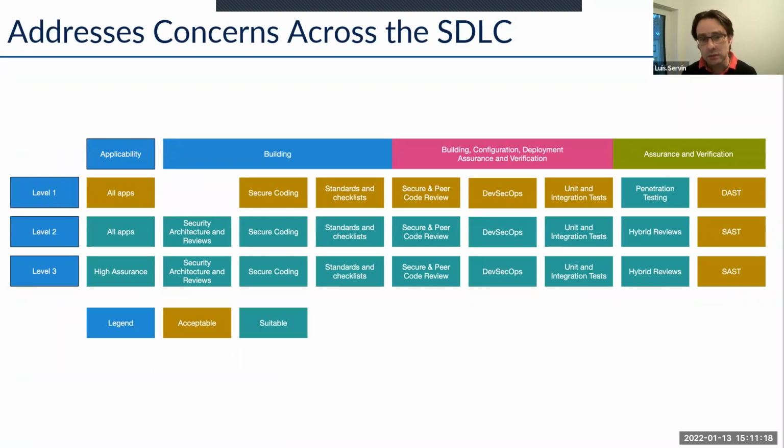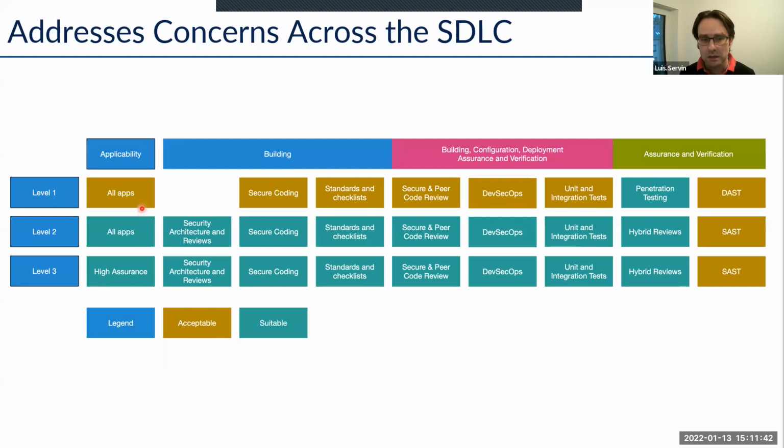In case you don't know it, ASVS has requirements that cover the development lifecycle. So you have requirements in the building phase, in the deployment phase, and in the assurance and verification phases. And you have 3 levels of assurance.